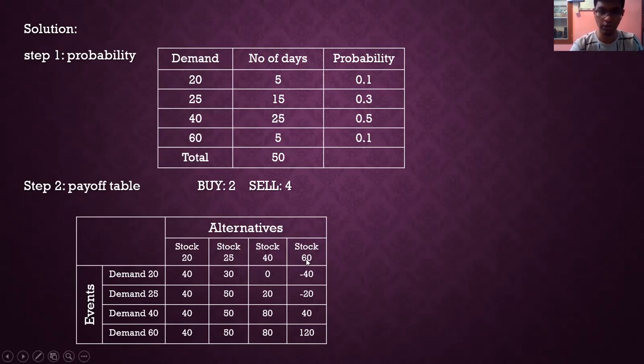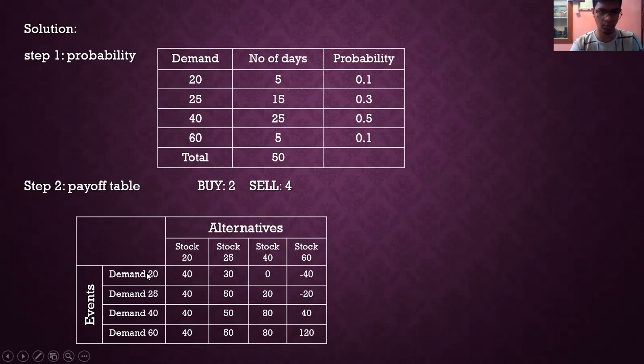Now stock 60. Here we have 60 stock and 20 demands. So the stock we have is thrice the demand. We have only 20 demands, but we have a stock of 60. Now in this case, what to do? We see what our demand is.